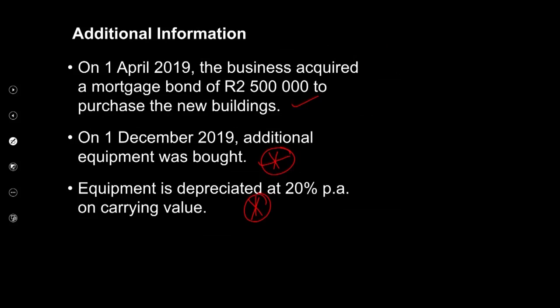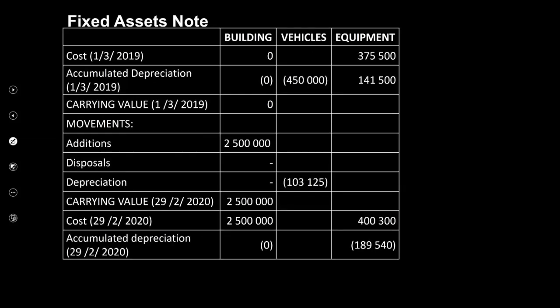We're saying here on the 31st of December 2019, additional equipment was bought. Clearly you can see, if you look at your equipment, at the beginning of the year it had an opening balance of 375,500, and at the end of the year has a closing balance of 400,300.